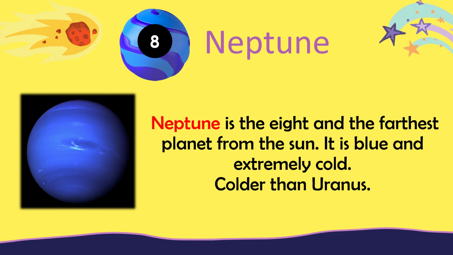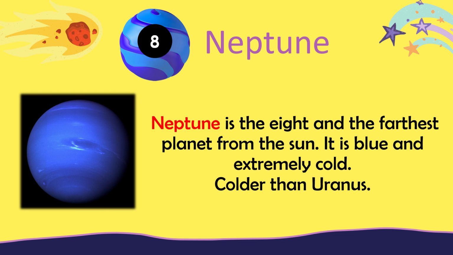You see that? Because Neptune is bluer than Uranus. Okay? So those are the 8 planets that we have in the solar system.